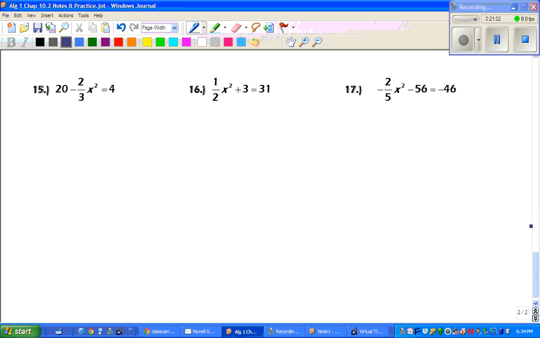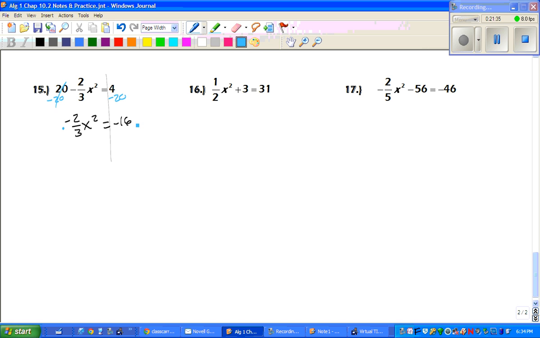All right, down here. Now, don't be scared because there are fractions. Anytime you see fractions, you should automatically think inverse operations. All right, so we want to get this by itself first, and we get negative 2/3 x squared equals negative 16. Now, how do we get rid of the fraction?